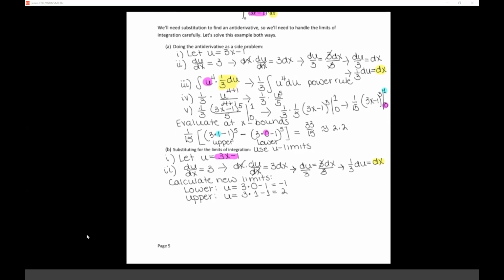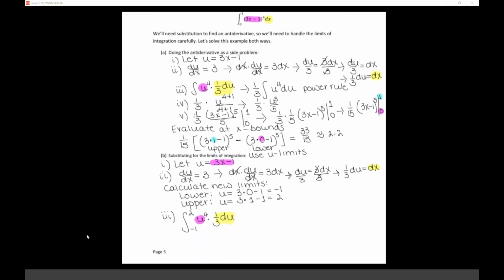Now I have my new integral, step 3, that looks like this. It has bounds on it because I'm not going to substitute the x back again. My lower bound is -1. My upper bound is now 2. I just calculated those. The integral is u to the 4th times 1/3 du, using the same things I substituted in. That goes in for dx, and that goes in for 3x minus 1.